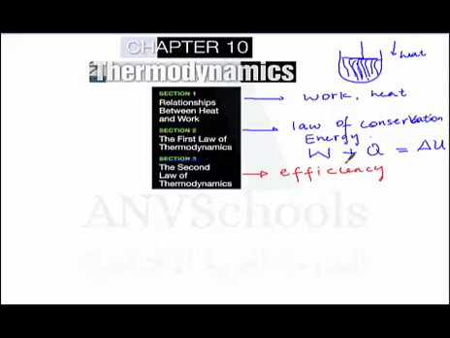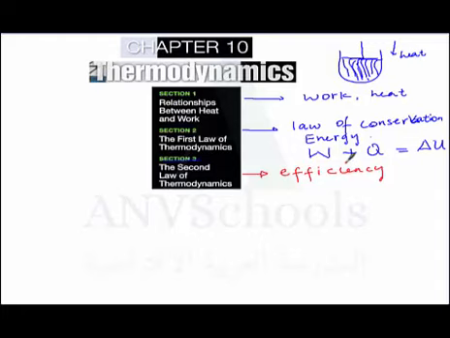It talks about the working performance of devices like a refrigerator or heat engines. This law states the working performance of these devices, which is called the efficiency of the device.